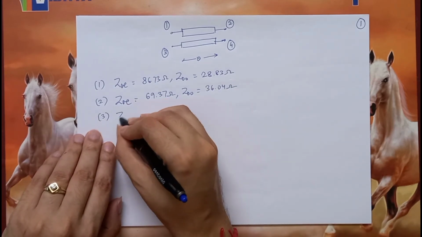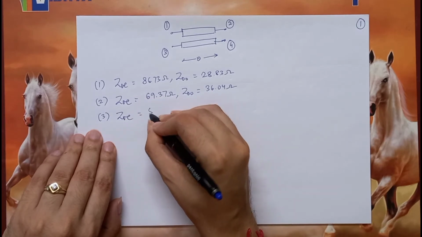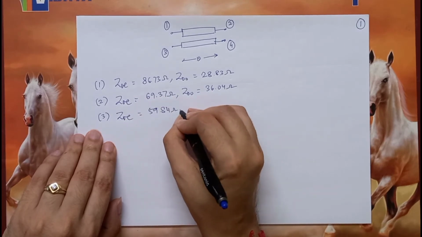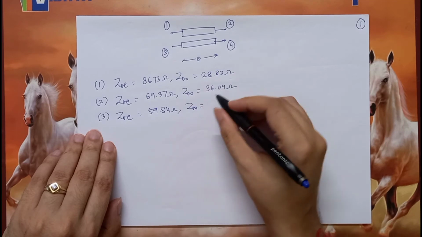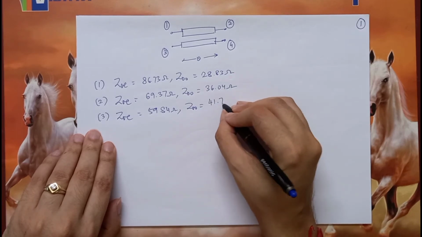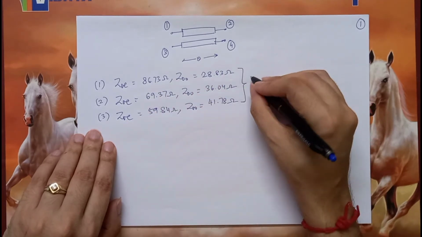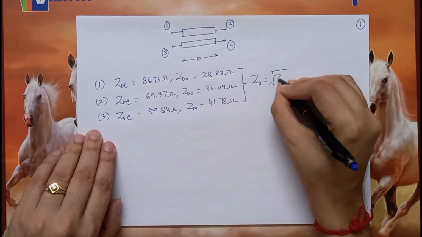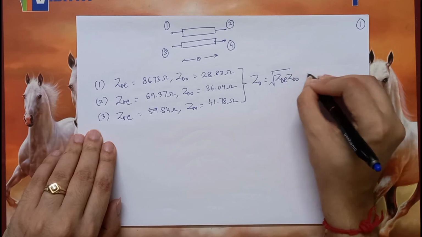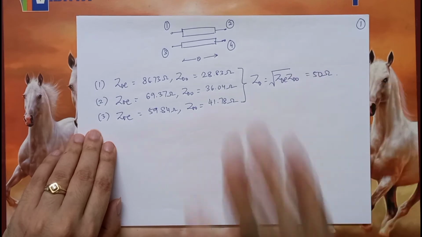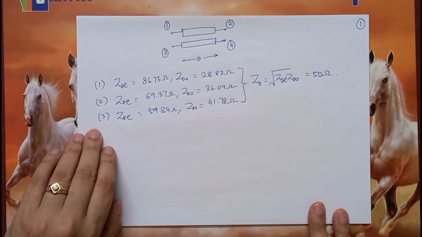And case 3 was when Z0E was 59.84 ohms and Z0O is 41.78 ohms. For all of these three cases, Z0 is the geometric mean of Z0E and Z0O, which you can verify is 50 ohms.